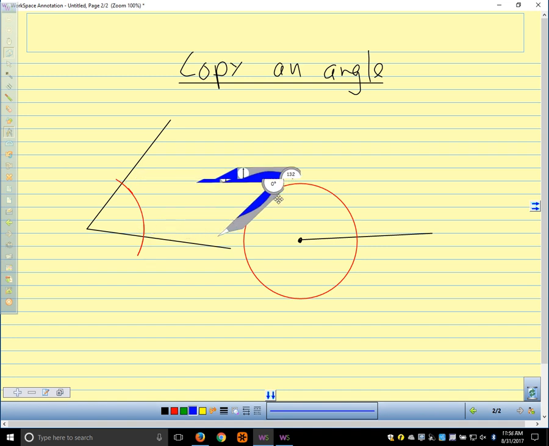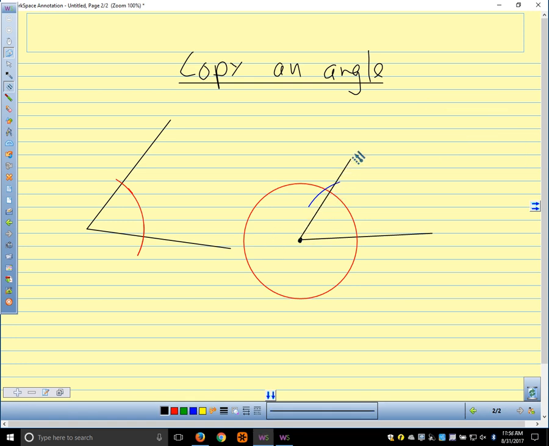I'm going to move my compass over here and put the sharp point on the arc where it crosses the ray that's going to be the side of my new angle. Make a little arc there. So I end up with an X with the two arcs that I've drawn. And then with my straight edge, connect the vertex through that little X, and there's my new angle.